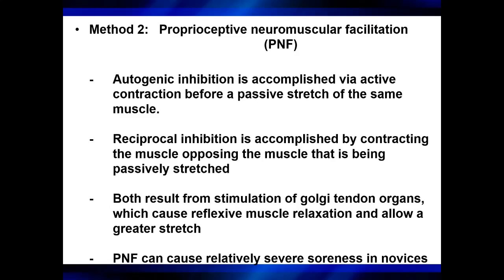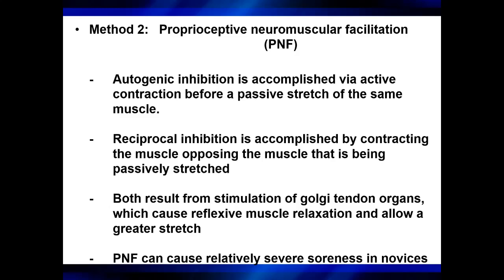inhibition, you contract the muscle that opposes the muscle that you are stretching. So the antagonist muscle is what you're contracting, because in many cases, the proprioceptor activity is most powerful coming from that opposing muscle. And that's what keeps you from stretching the muscle you're trying to stretch as far as you might like to stretch it.